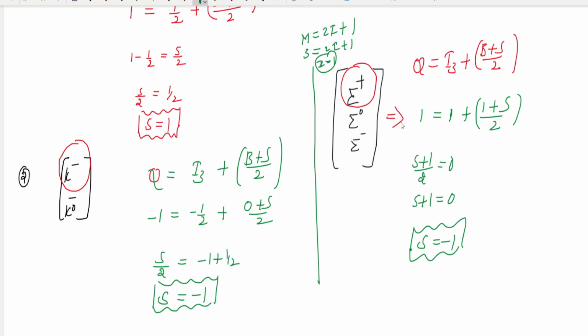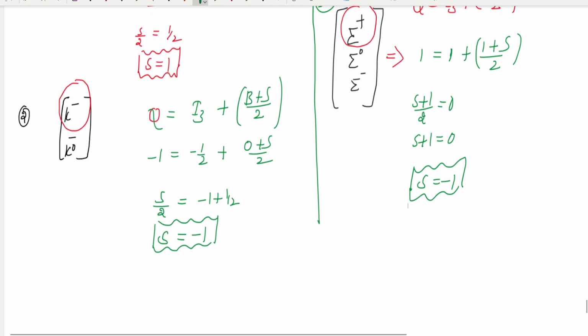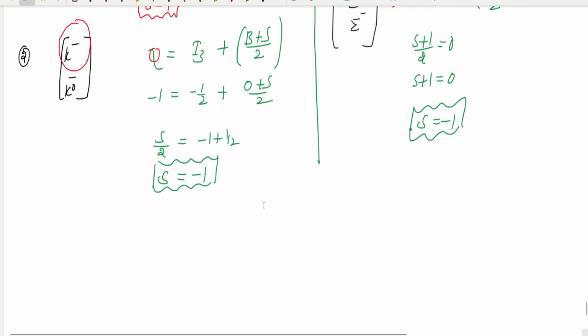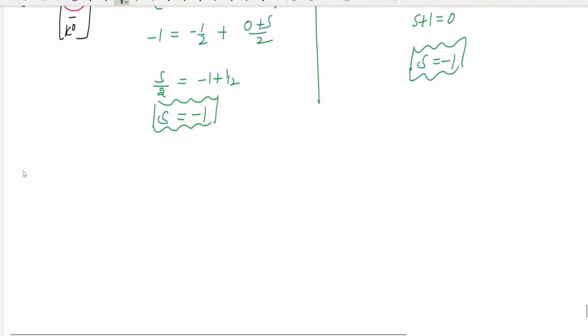Like that you need to check all the components. Remaining components are there. You need to check this one.